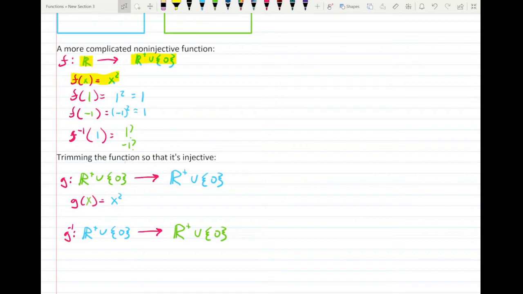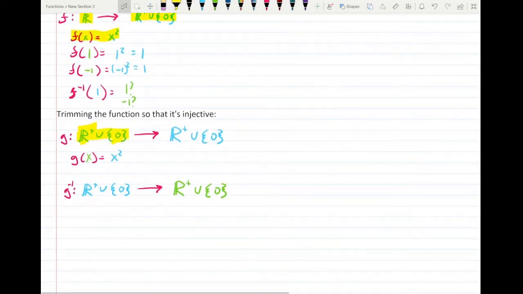However, once we decide to take out all the negative numbers from the domain of this function, if we trim down its domain and say, nope, we're not going to allow negative numbers, we only have 0 and the positive numbers, then we're all good. Then we are now injective, because the second choice for each possible output has been eliminated. You've only got the positive answer to it.